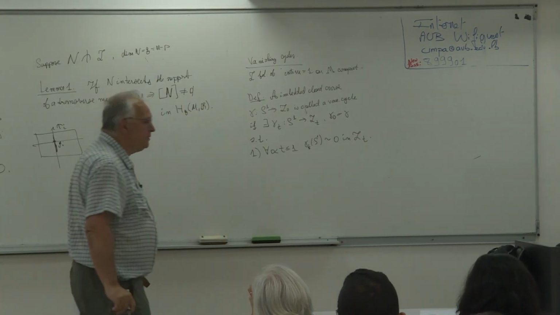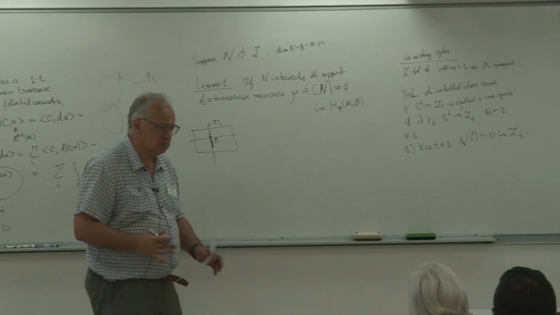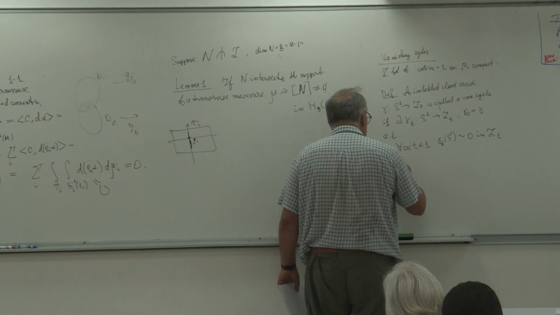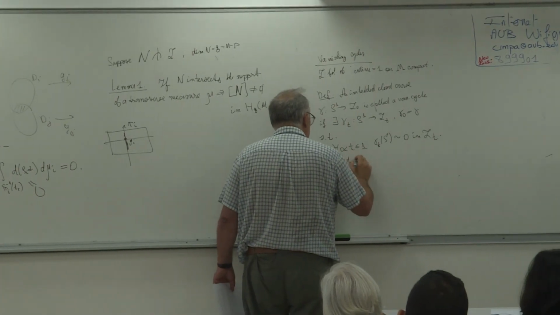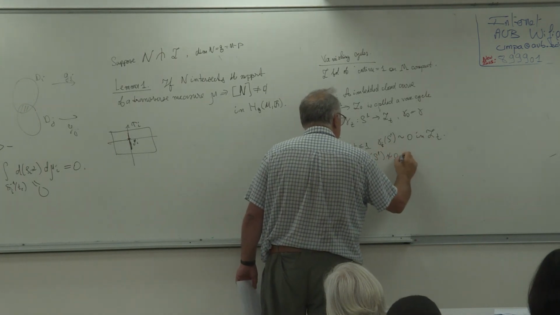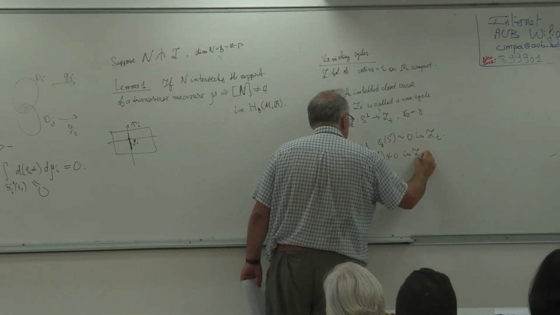For an embedded curve to be homotopic to 0 means it bounds a disk. But gamma 0 is not homotopic to 0 in L0.